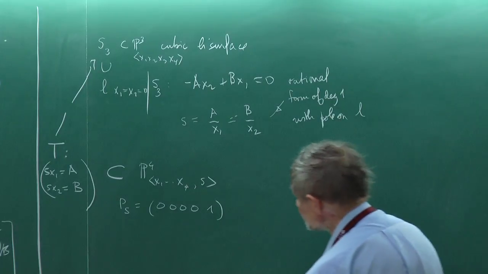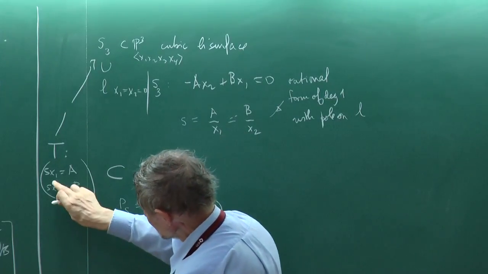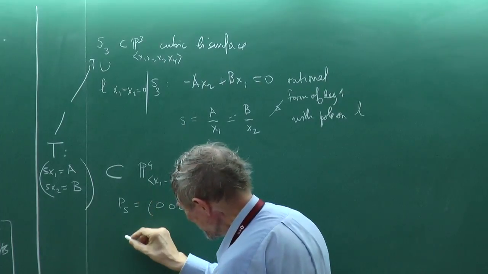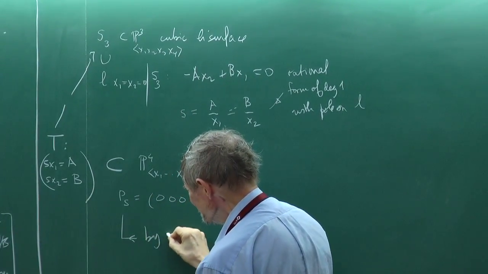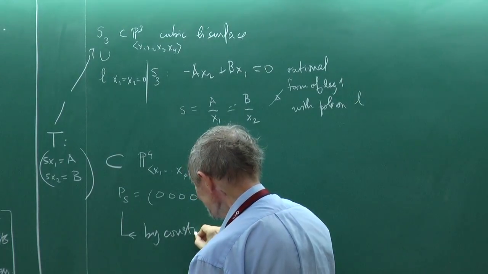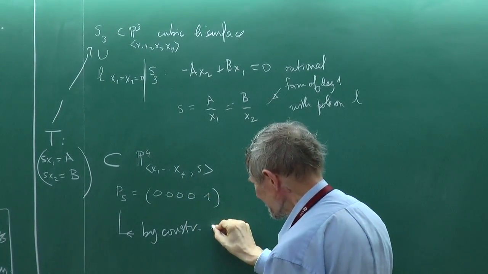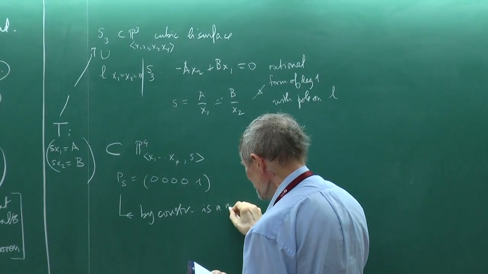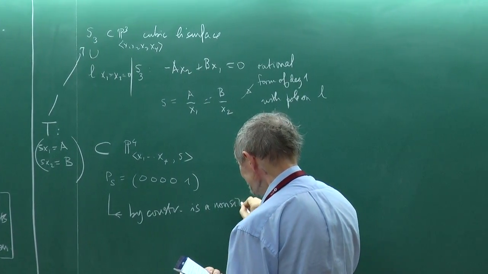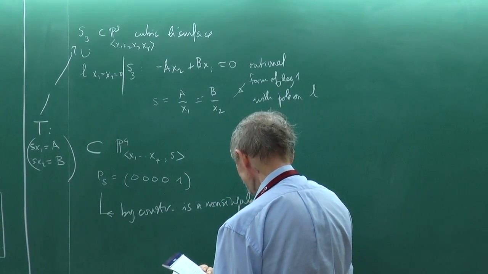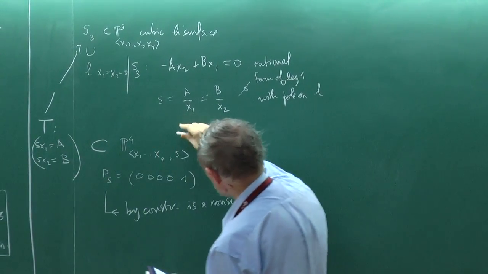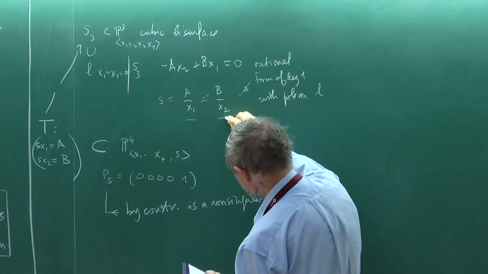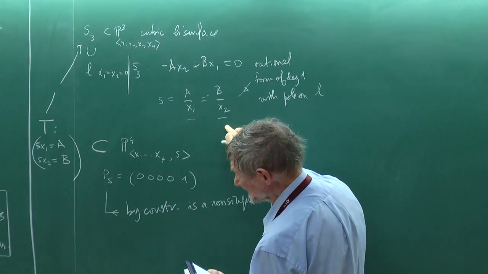There's another point. This P_S is, by construction, a non-singular point, because the unprojection ideal here was generated by x1 and x2.